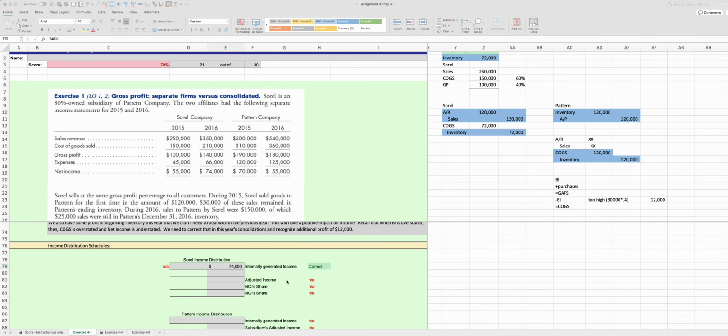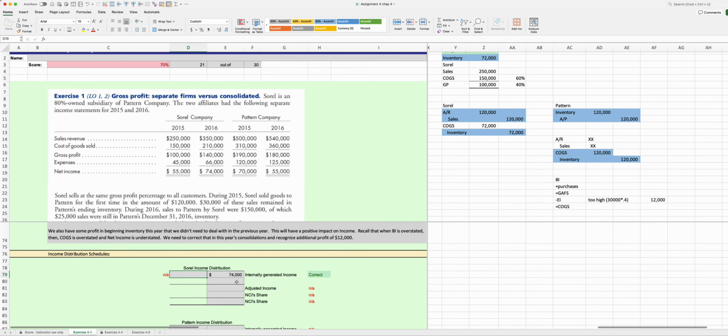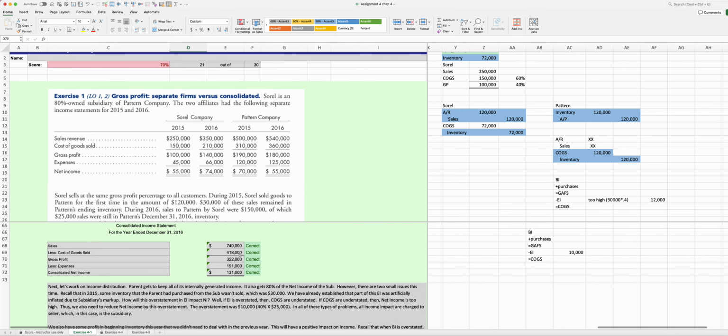This time we recognize that the situation with the cost of goods sold was a bit more involved. So let's take a look at what happened with cost of goods sold here for the group. We recognized that from a previous year there was some built-in beginning inventory that was too high, and so we had to reduce cost of goods sold.